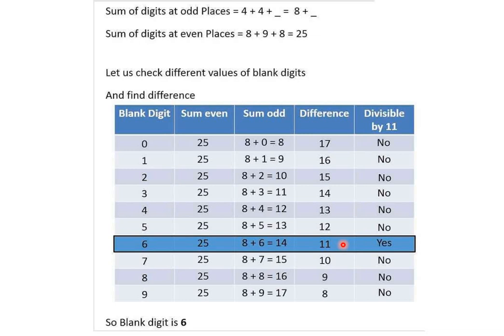As soon as you reach either a multiple of 11 or 0, you will stop at that moment, because the rest we also have done. So here we got yes when we got the multiple of 11. So which digit made the number possible to be divided by 11? That was the addition of 6. So the blank space will have 6. Okay, and in this manner we had done.